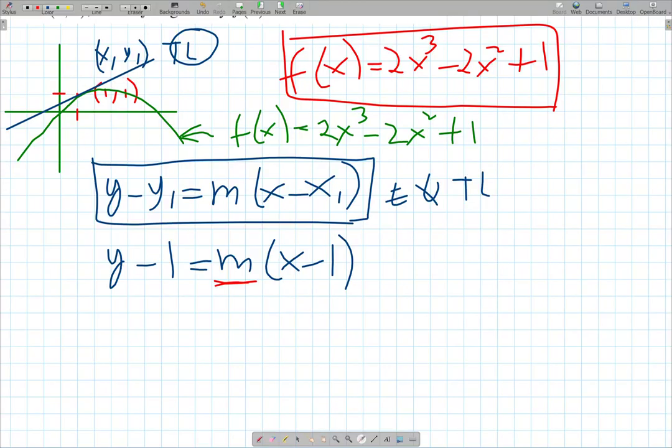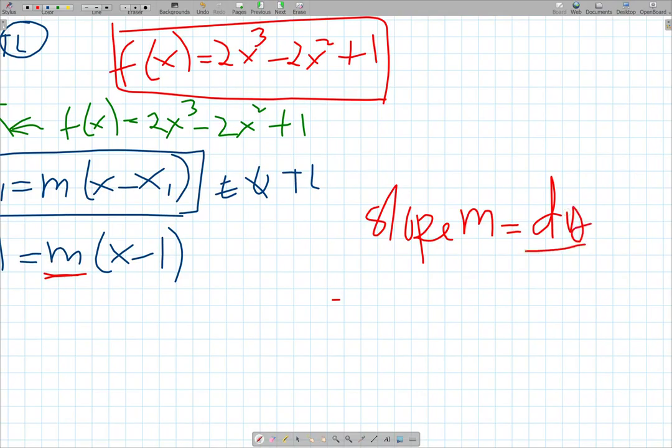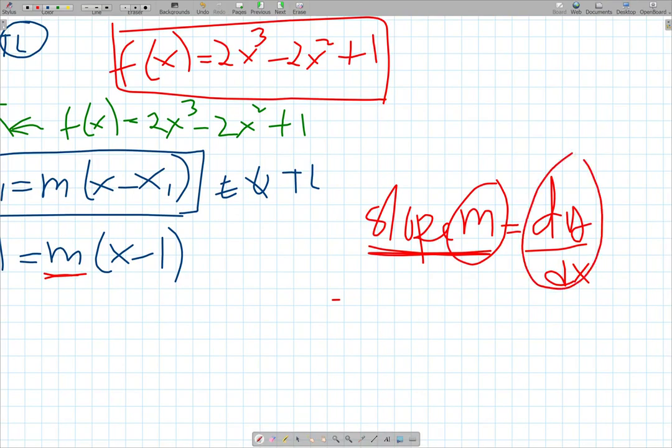Okay, so we know that, class, ang slope m is also the same as dy over dx, or sometimes tangent theta, no? So how will you solve for dy over dx given this equation?